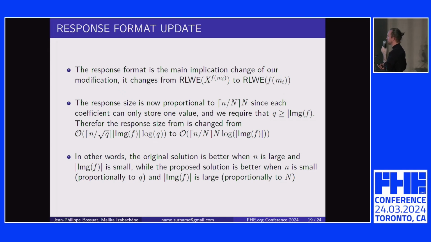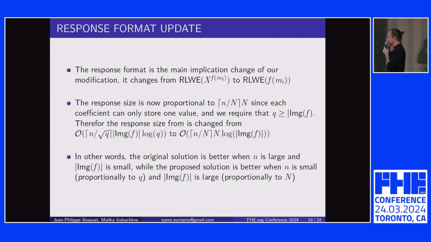The reason is that since we don't have m at the exponent anymore, the image of the function is not constrained to the ring degree, but we can store at most n points per polynomial. So our approach is better when the domain and the image of f are large, but it's worse when you have a lot of points.